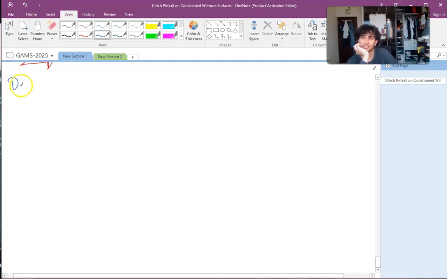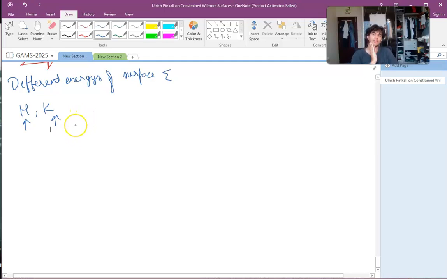So the different energies of a surface sigma are given in terms of h and k, which are your mean and your Gaussian curvatures.